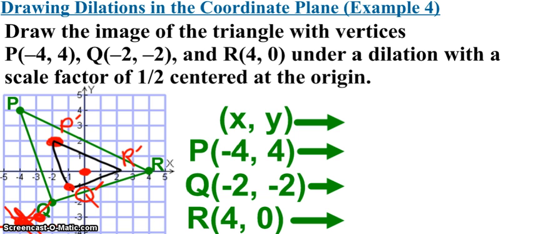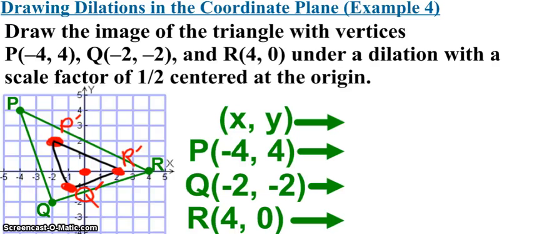Let's put our points back up here. Let me erase this. There. That black triangle right there, we just dilated triangle PQR to triangle P prime, Q prime, and R prime.